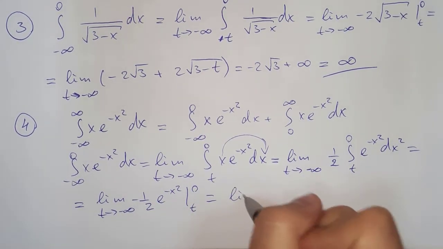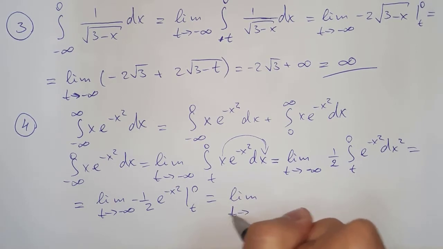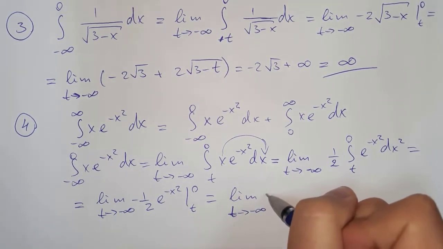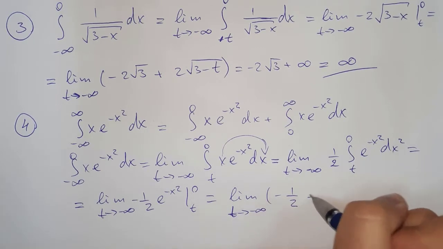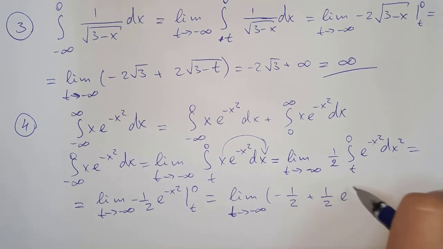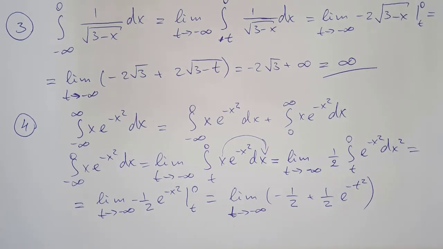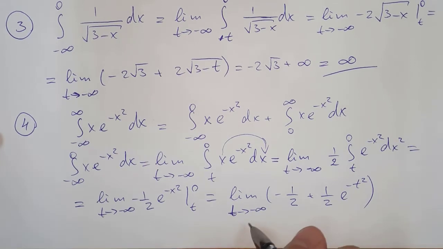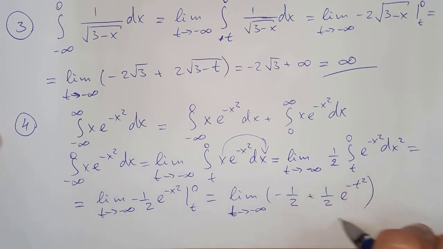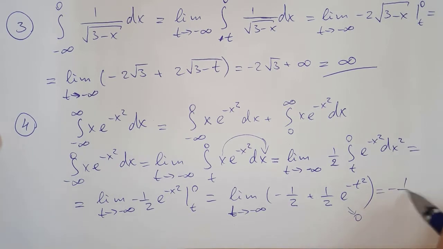Now it will be the limit as t tends to minus infinity of minus 1/2 plus 1/2 e to the power of minus t². Just putting values here. However, as t tends to minus infinity, this tends to 0. And we get just minus 1/2.